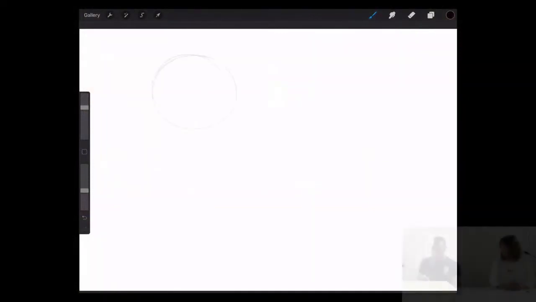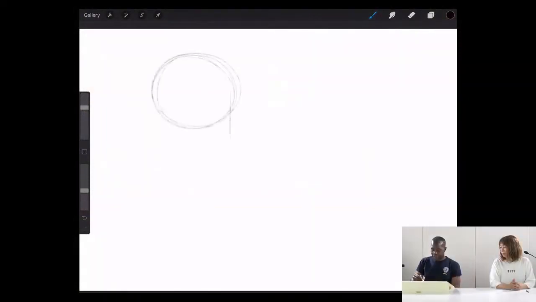So basically speaking, if I was to draw an adult head like this, as I've said before in my previous videos, the eyes are essentially halfway through the middle of the head.